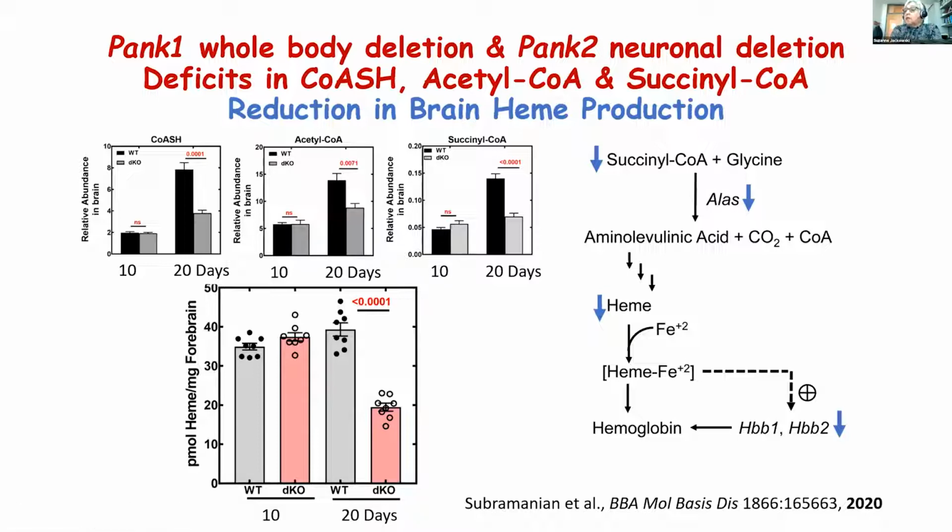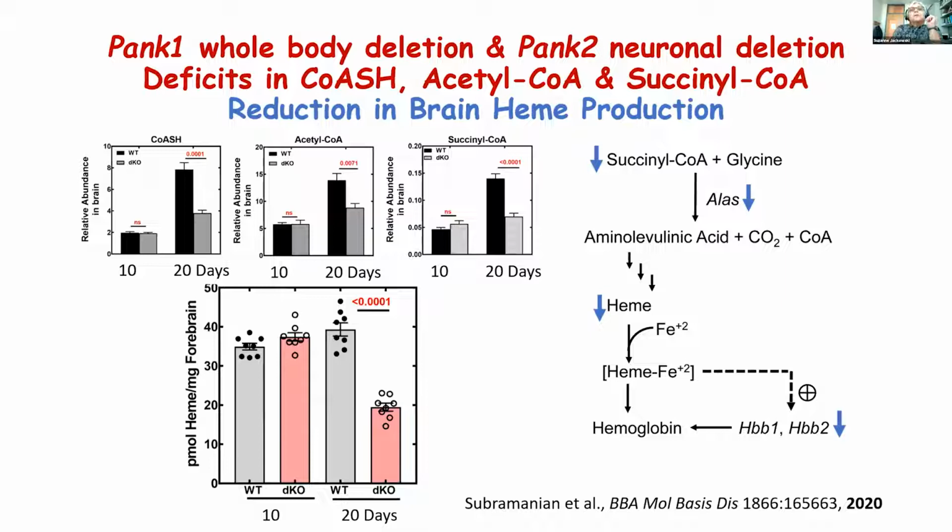The CoA deficit impacts free CoA, or CoA-SH, that's listed here. That means it's an unbound carrier, and it's free to take up and ligate with the necessary molecules around the cell.